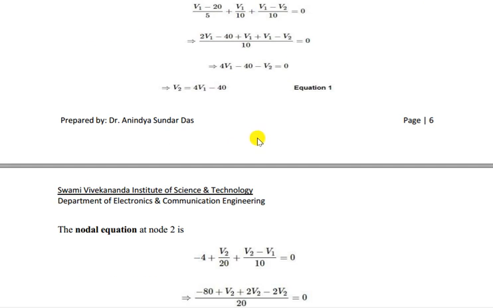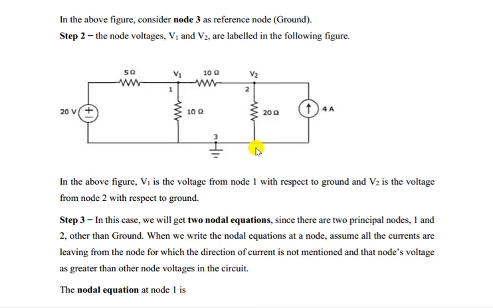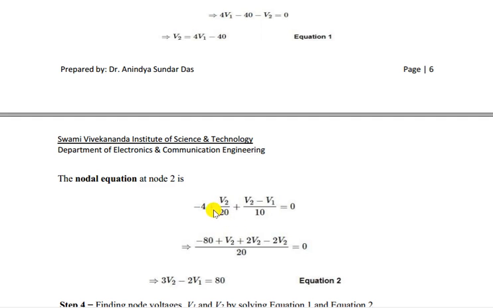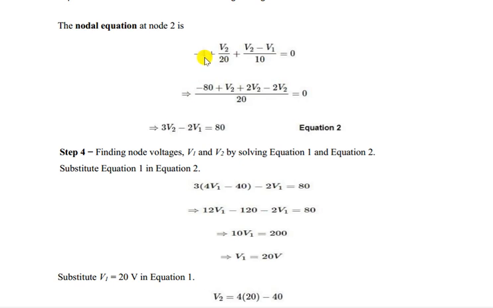So this is V2 by 20, V2 minus 0 divided by 20, leaving and assumed positive. V2 minus V1 divided by 10 is also positive, both are leaving, so the entering current is minus 4, and if we solve we will get this equation.